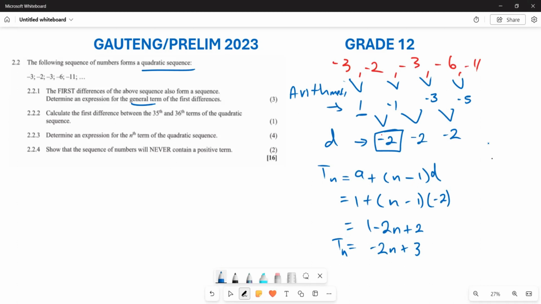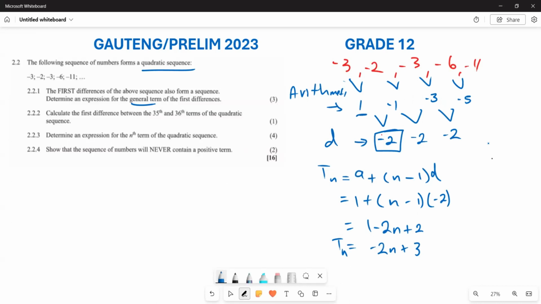2.2.3. Calculate the first difference between the 35th and the 36th term of a quadratic sequence. So what is it that you're going to do to calculate this? They want you to calculate the difference.